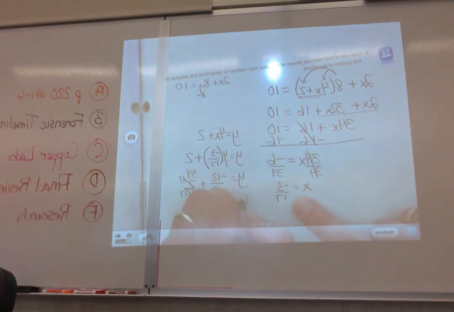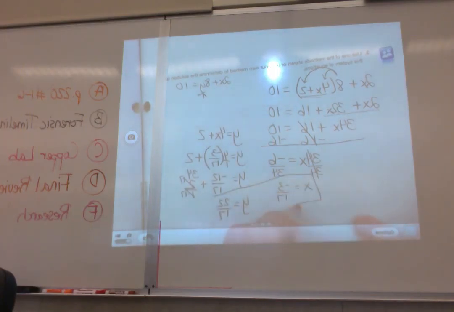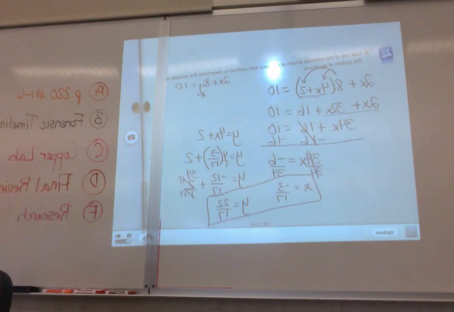Thank you. Y equals 22 over 17. Here's my x and the y. So those two don't crisscross nice and pretty on a graph anywhere on the grid, but those are numbers you may come up with at some point.